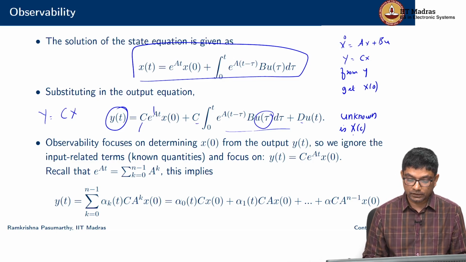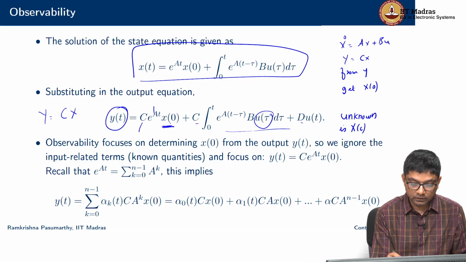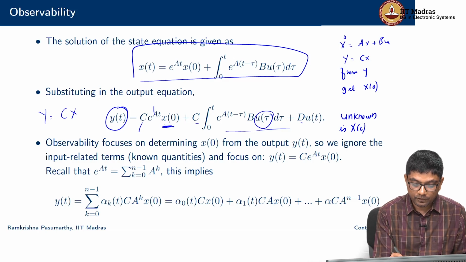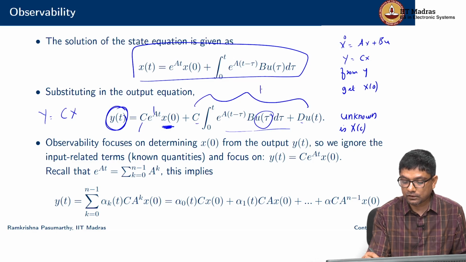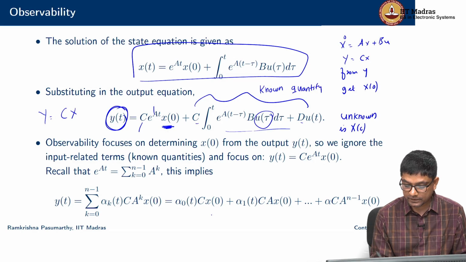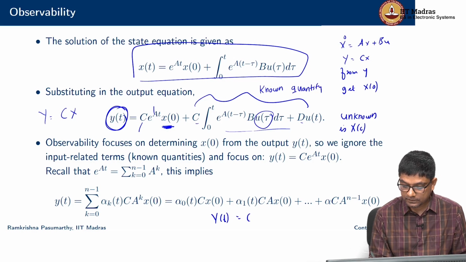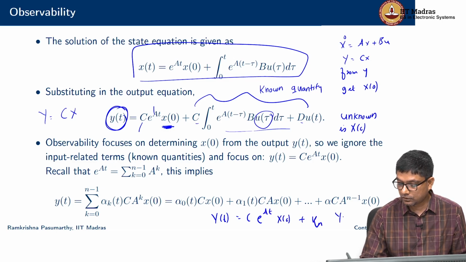So, we want to get x naught by just measuring y, and what we see here is this is a known quantity. So, if I say y of t is C e power At x naught plus some known quantity, then y of t minus the known quantity is C e power At x naught.